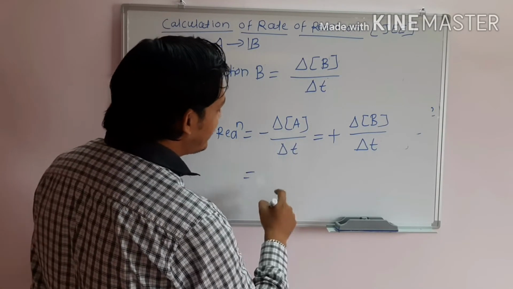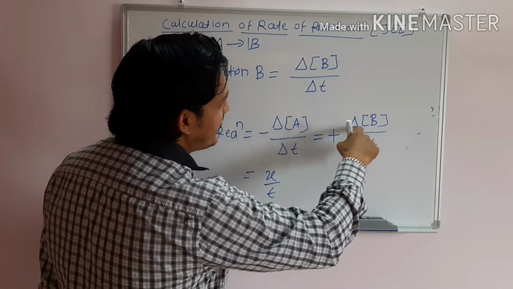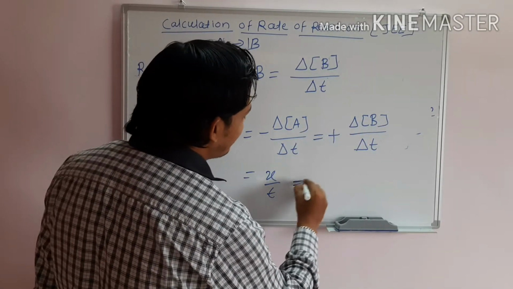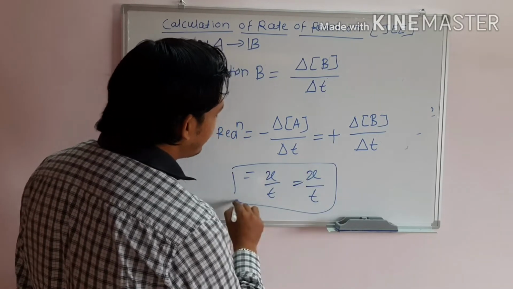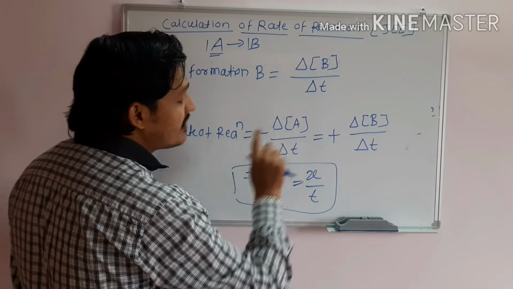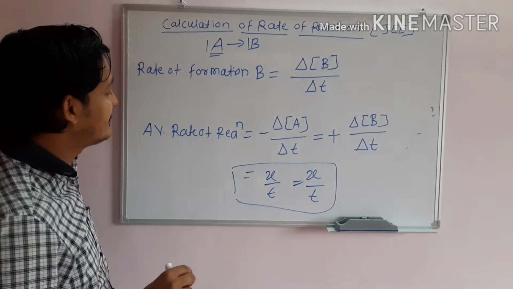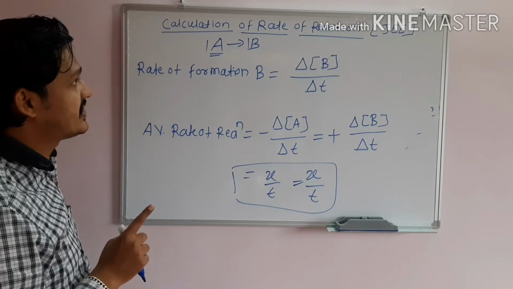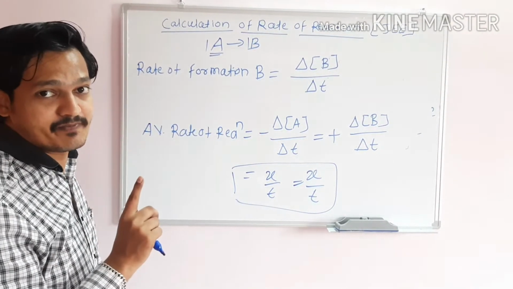Minus del A by del T is equal to x by t, and del B divided by del T is equal to x by t. Hence I am writing it in equal manner. So this is the first equation to calculate the rate of chemical reaction.